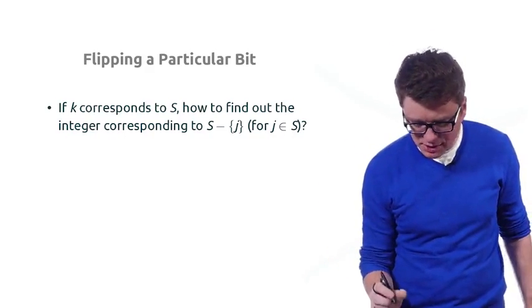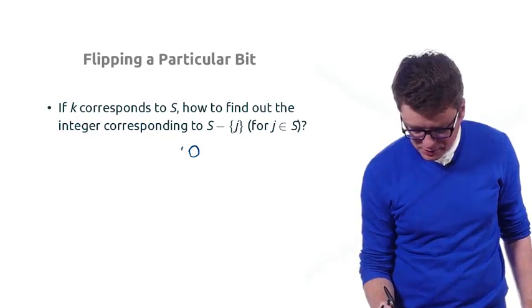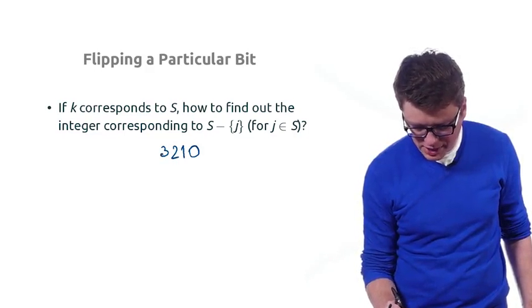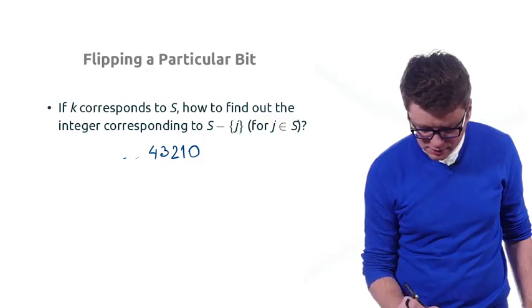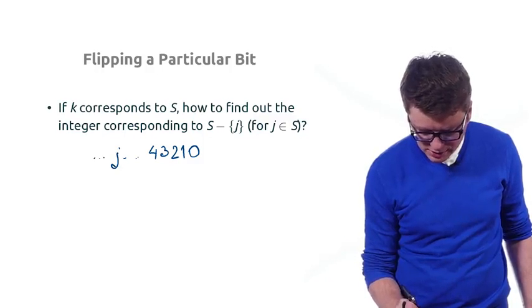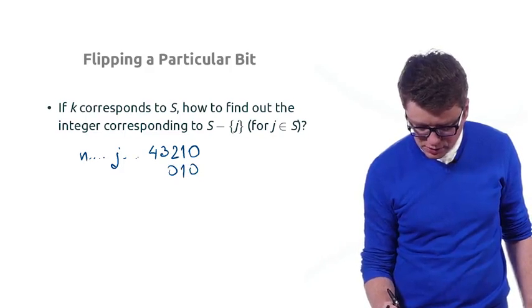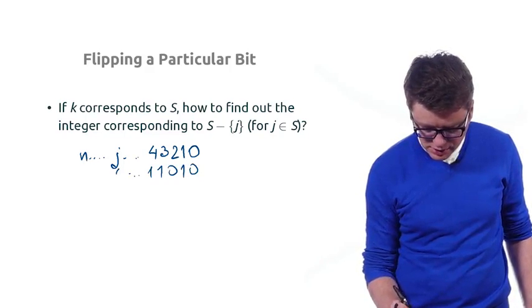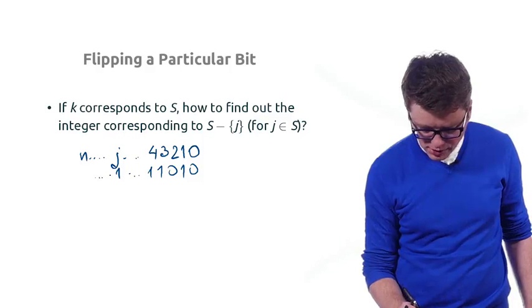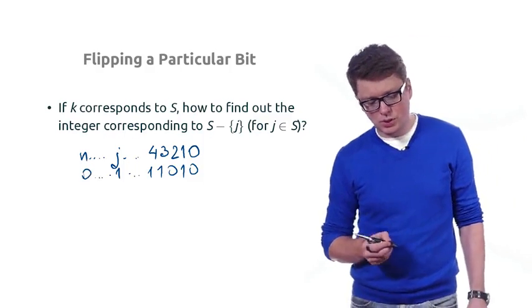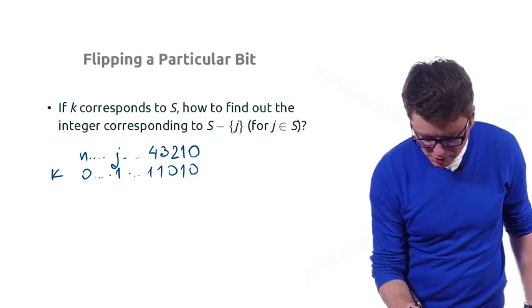So assume that k represents the set S. What does it actually mean? It means that if we write our number k in binary, it somehow looks like this, and here we have the j-th bit, and so on up to n. Here we have 1 and here we have something else.